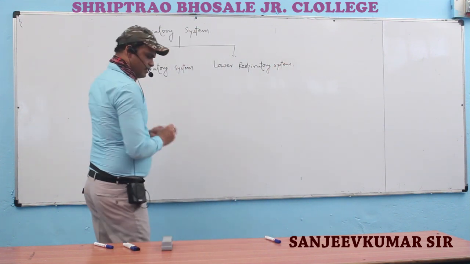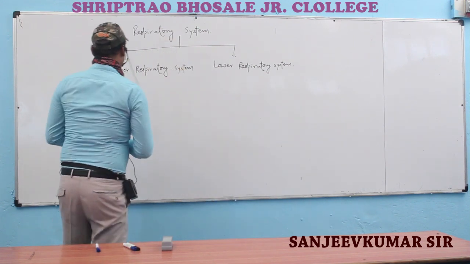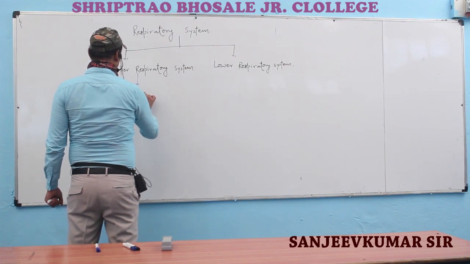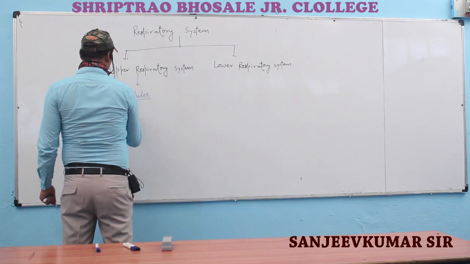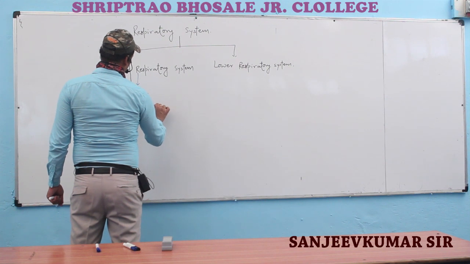The upper respiratory system includes the nostril and pharynx.